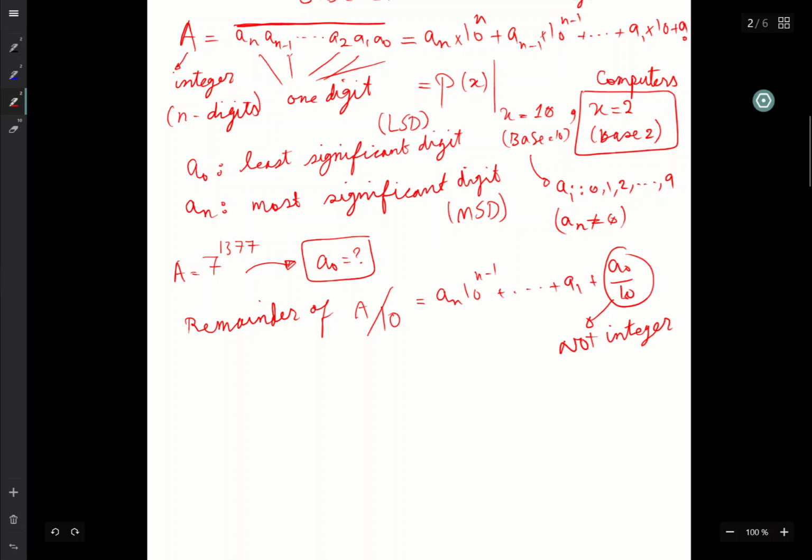Therefore the remainder of a over 10 is basically a0. And so what we need to do is calculate the remainder of 7 to the 1377 divided by 10. How do we calculate the remainder?